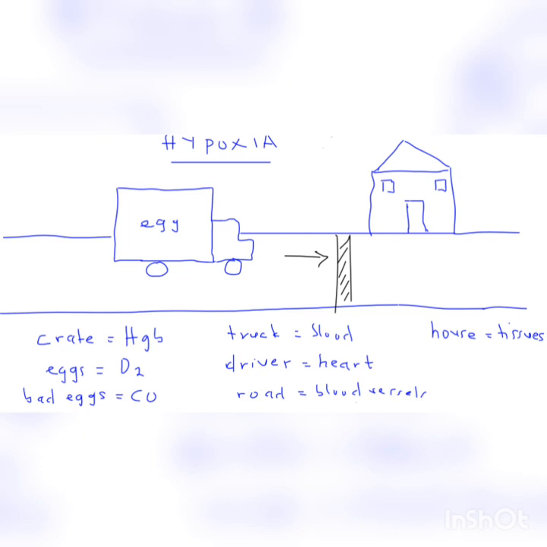They're going to pick it up from, let's say, an egg depot. This egg depot, imagine it's analogous to the lungs. What must happen for the vans to pick up egg at the egg depot to enable them to deliver it to the occupants of the houses?